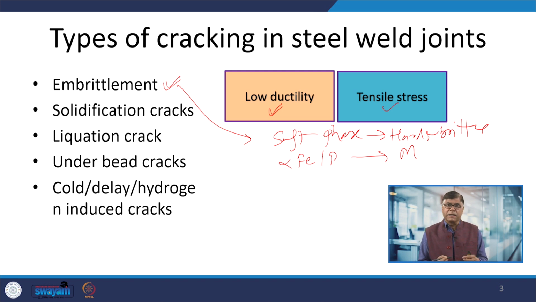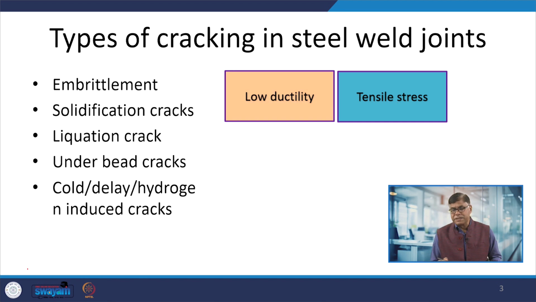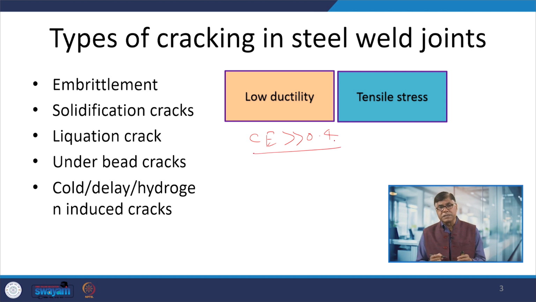There are multiple other kinds of embrittlement that can happen, like blue embrittlement and temper embrittlement. But in hardenable carbon steels or alloy steels, having a high carbon equivalent, say greater than 0.4, the tendency for transformation of soft phases into hard phases is extremely high.